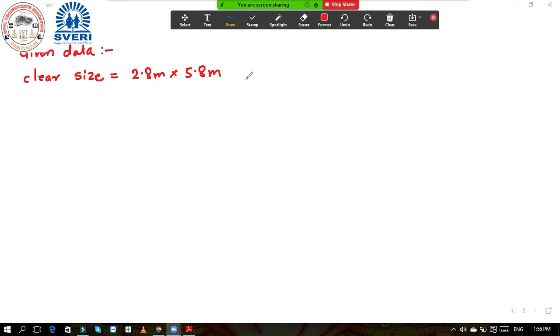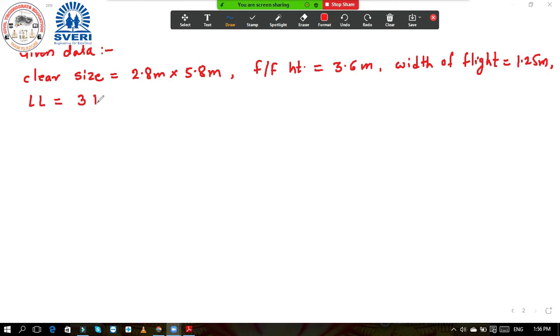Floor to floor height is also given, which is 3.6 meter. Next, width of flight, which is 1.25 meter. After the width, live load is also given, which is equal to 3 kilonewton per meter square.